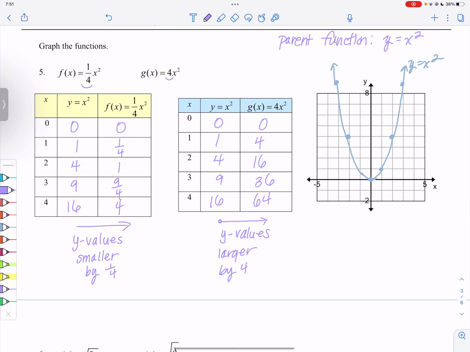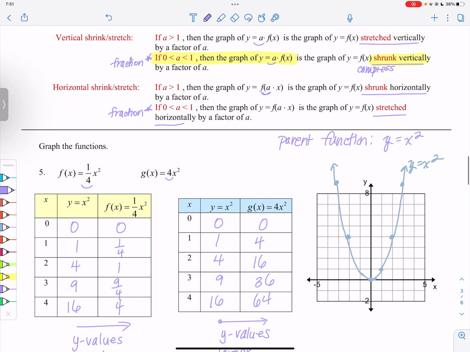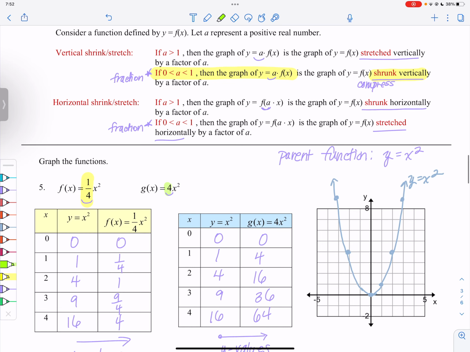And that is because that 4 was on the outside of the function, multiplied by a number greater than 1. So that would be this case. And that is a vertical stretch.